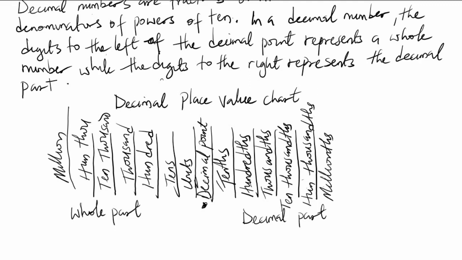In the decimal part, tens becomes tenths, hundredths, thousandths, 10,000ths, 100,000ths. Take note of the th at the end. That's for the decimal part. In the whole part is the normal tens, hundreds, thousands we know.